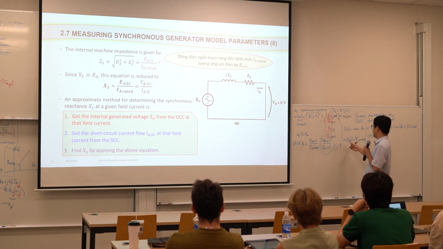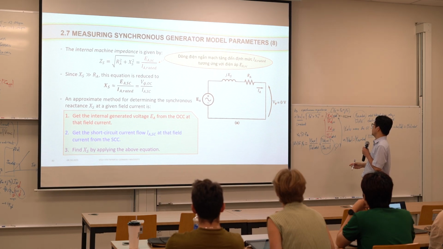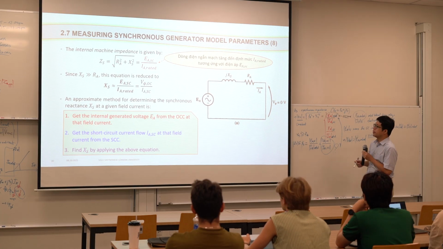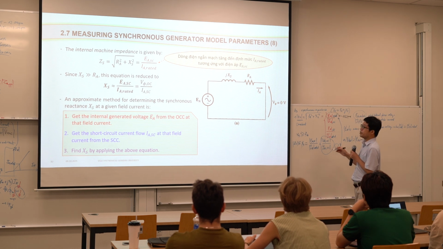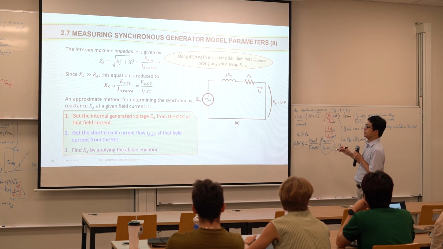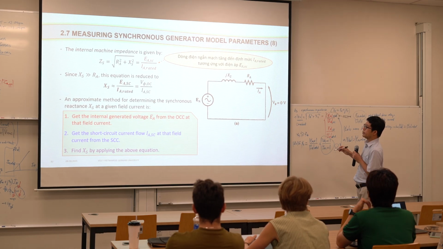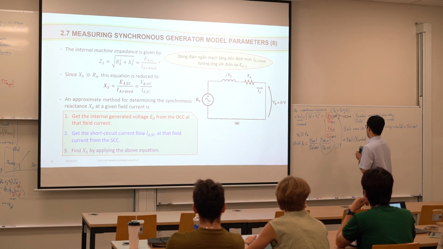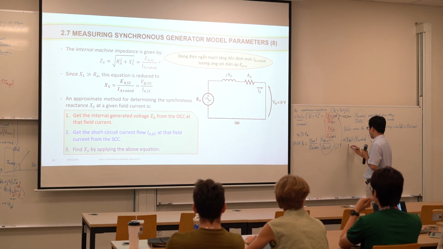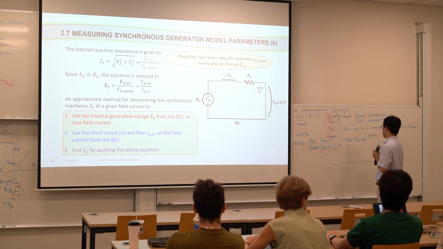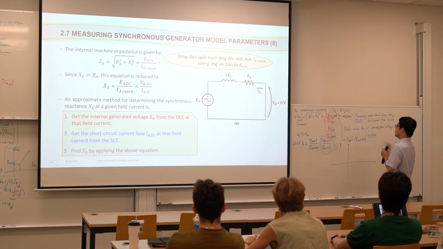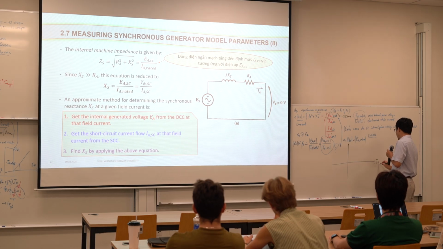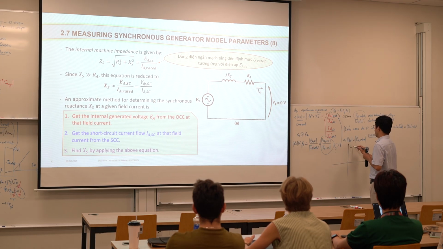EA rated is from the open circuit. And then we get IA short circuit at that field current from the short circuit test. So for the specification, they will give you the relationship between IA short circuit and EA rated.